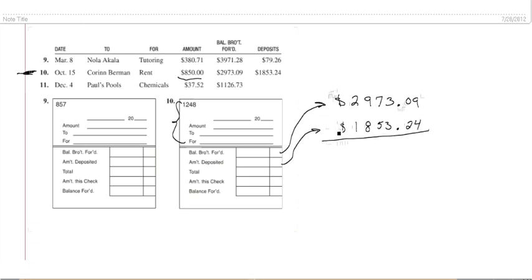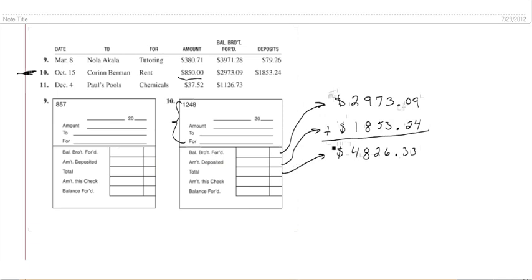Okay, so we're going to add this deposit to the balance brought forward, and we see that we have $4,826.33, and that's what would go on this line here.